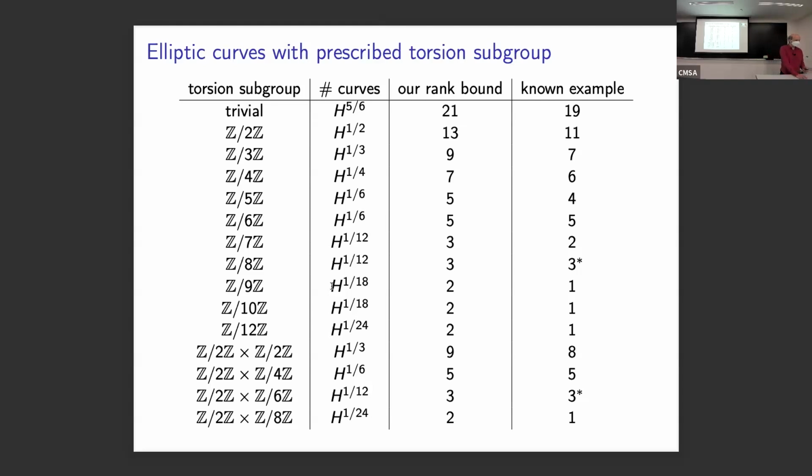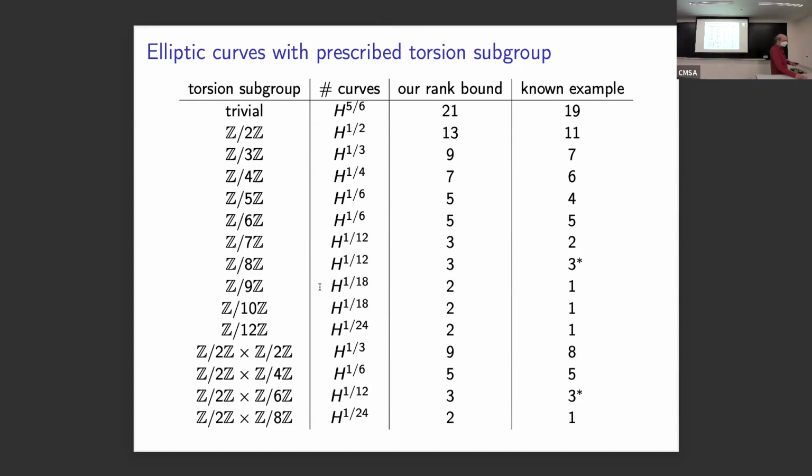Instead of having h to the 5/6 of such curves up to height h, you only have a much smaller number, h to the 1/18. It's a very sparse subset of the elliptic curves, and because of that you have fewer chances to get high rank, because the probability of getting high rank decays very quickly as the height grows.